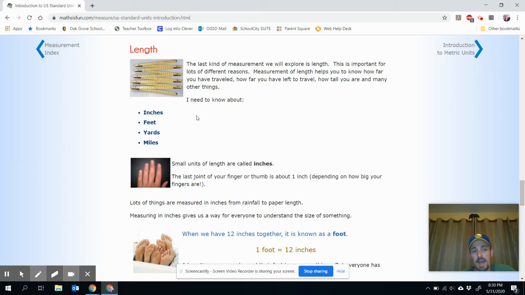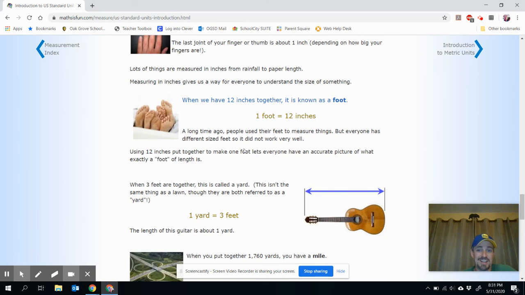But after that, they start to learn there are other units of measurement as well. Small units of length are called inches. The last joint of your finger and thumb is about an inch. 12 inches together is known as a foot, and it's about the size of a large foot. Not exactly, because everybody's foot is a different size.